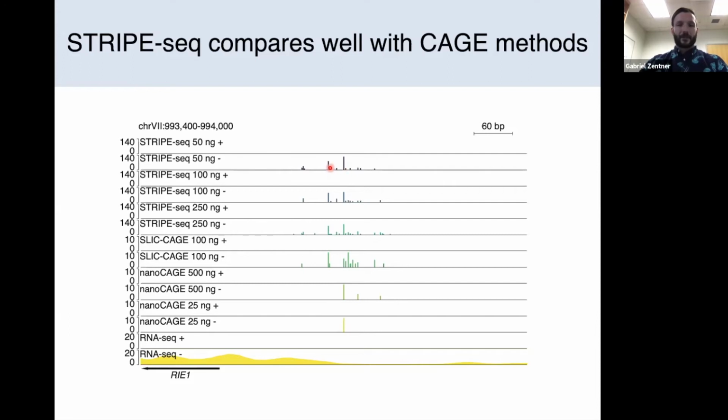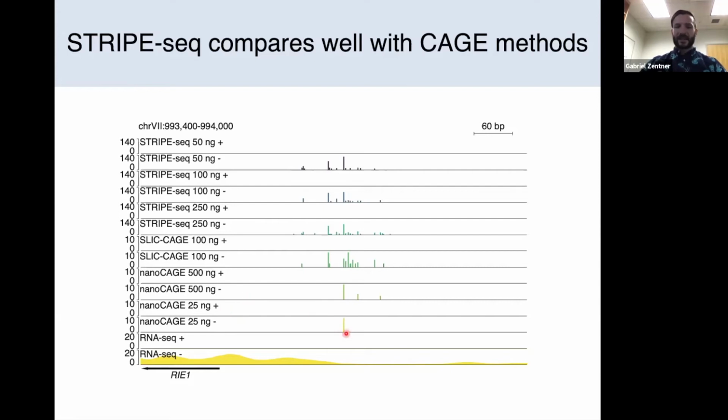We see that for 50, 100, and 250 nanogram STRIPE-seq, and this pattern is quite similar to what is seen with SLIC-CAGE, that super low input variation of CAGE. We see most of the same positions represented. However, in the nanoCAGE approaches, we see very few or even only one TSS position, depending on how much input was used.